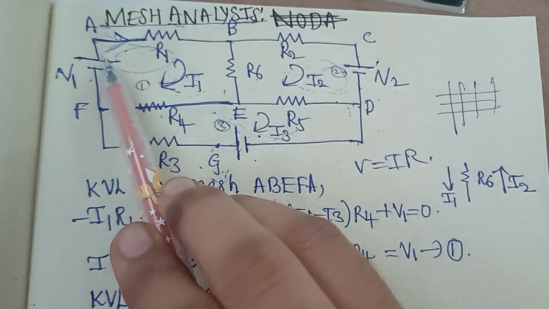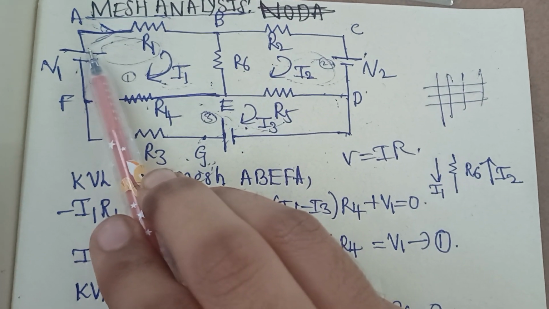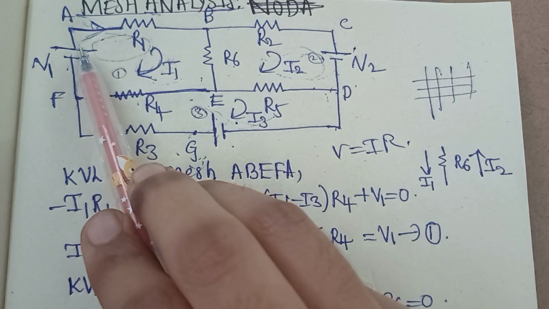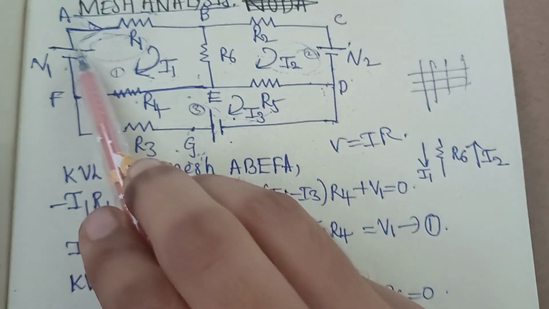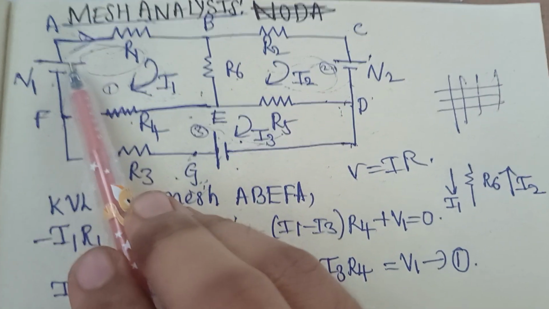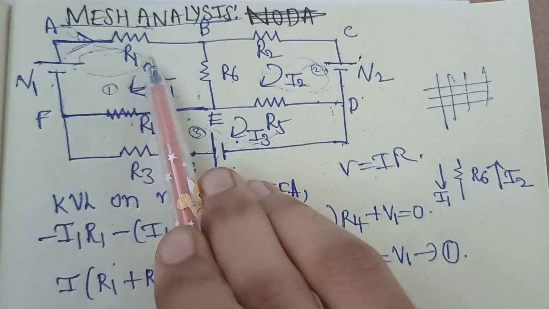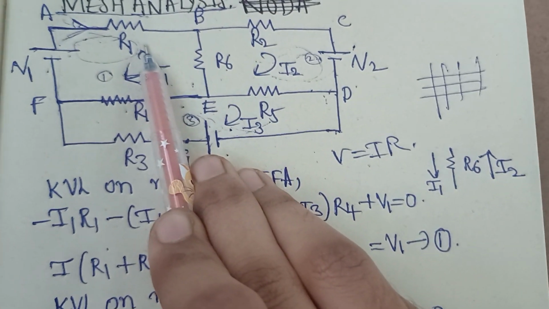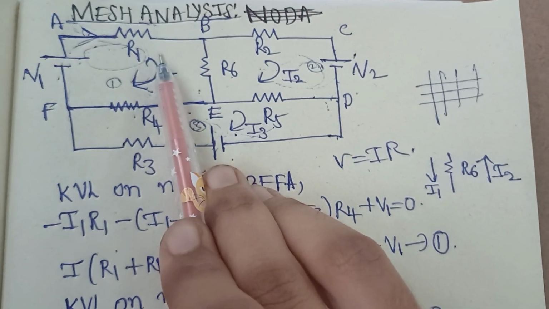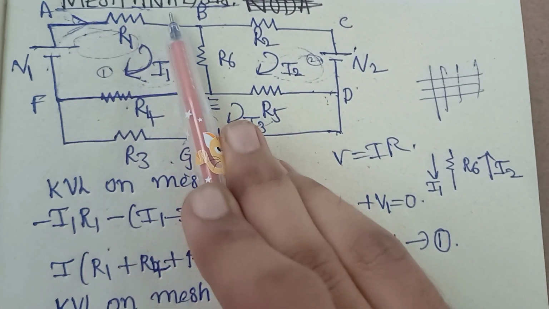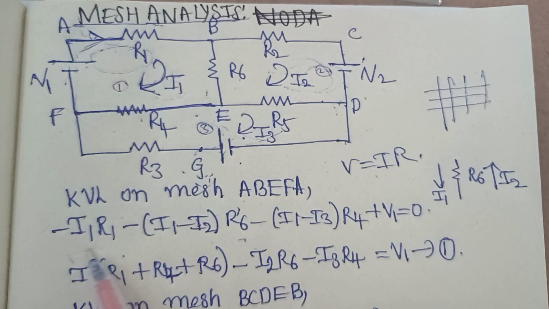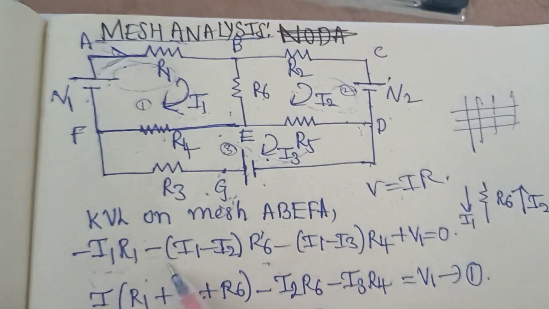And we have already discussed that current always moves from positive to negative, and according to sign convention, if it is from positive to negative, we consider the voltage to be negative. Since we know that V is equal to IR, at this R1 resistance our voltage will be I1 into R1, but since we are moving from positive to negative, it is a negative sign, so minus I1 R1.